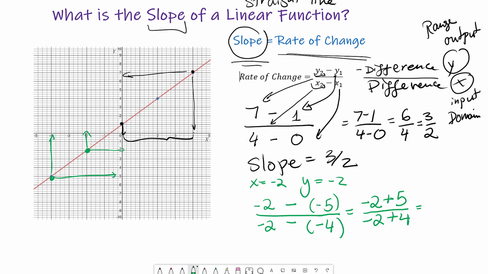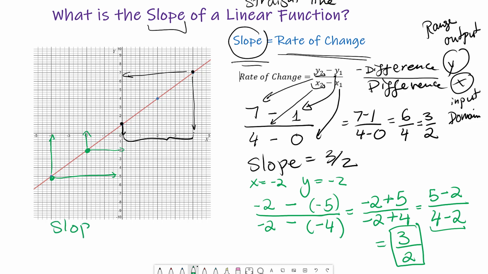That equals, let's change the order, the commutative law, 5 minus 2, and the same for the denominator, and we get 3. 5 minus 2 is 3, and 4 minus 2 is 2, so again, we get a slope of 3/2. So the slope here is equal to 3/2.